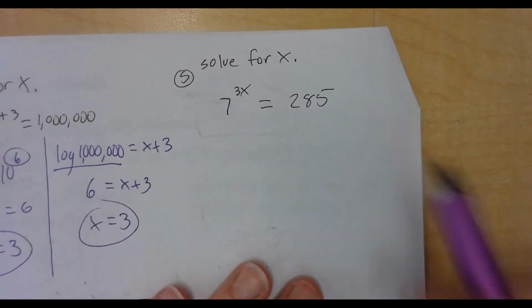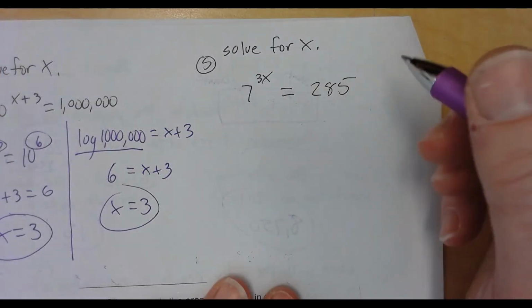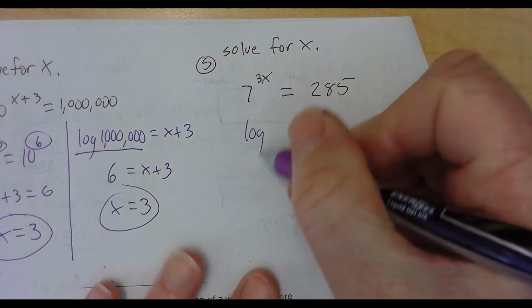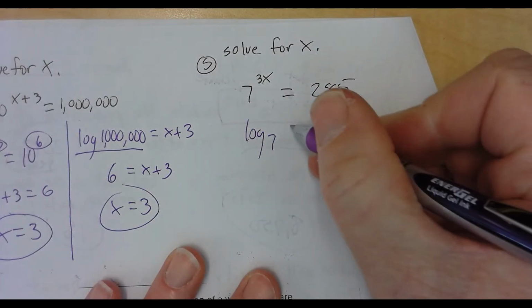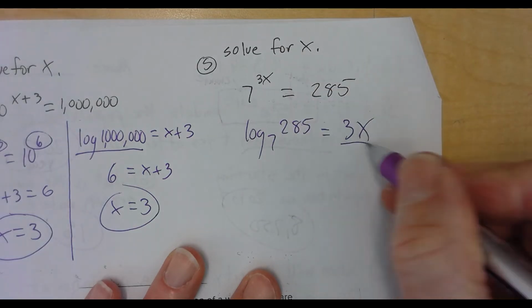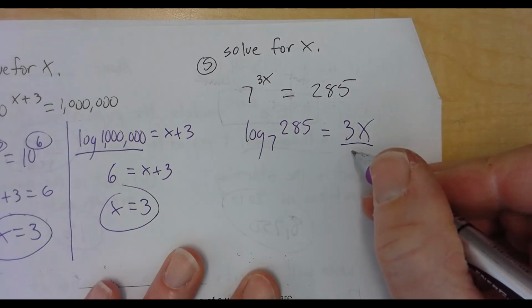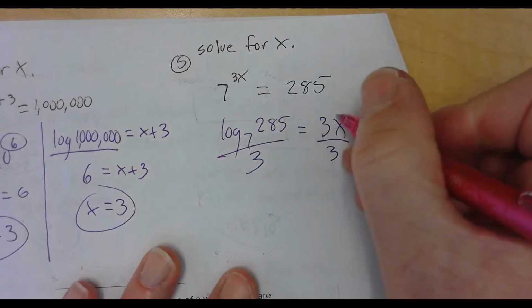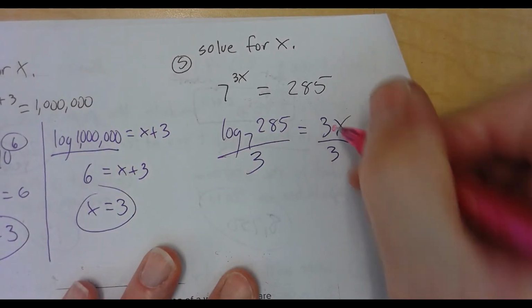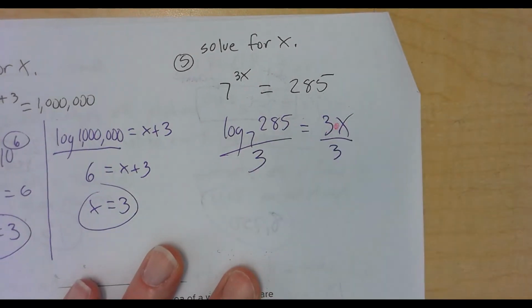Okay, so then I guess we'll just do the log base 7 of 285 is equal to 3x. Okay, I'm going to divide over the 3. Again, like I said, there's multiplication in them. So it's 3 times x, so I got to divide the 3 over.